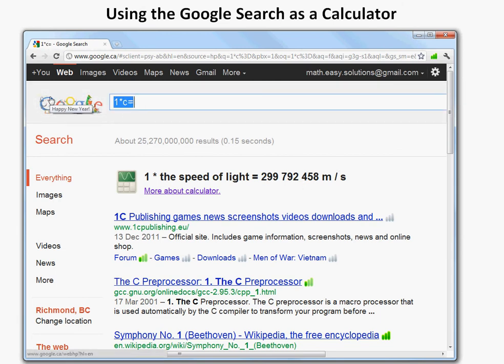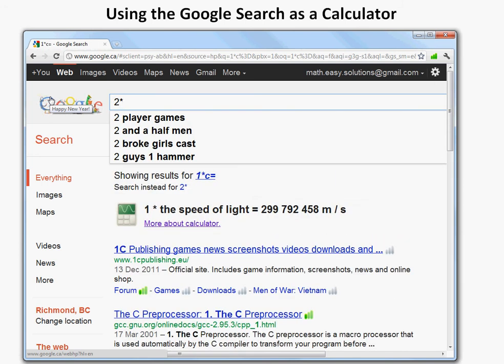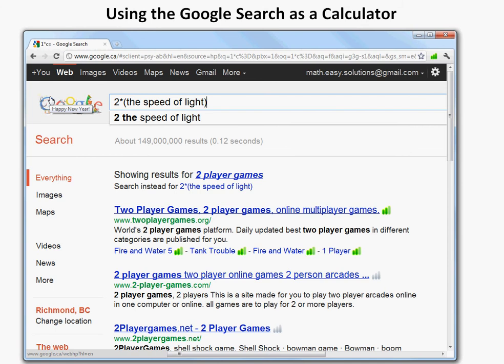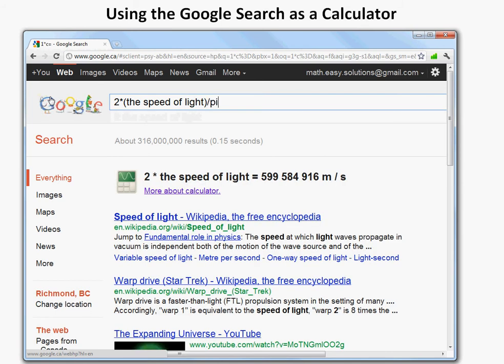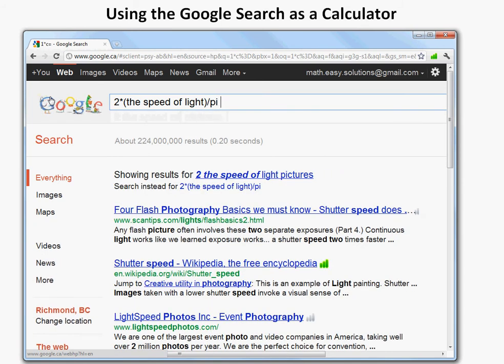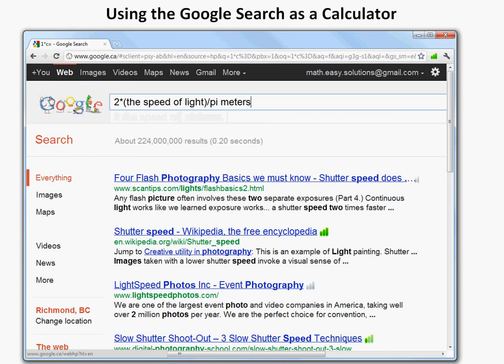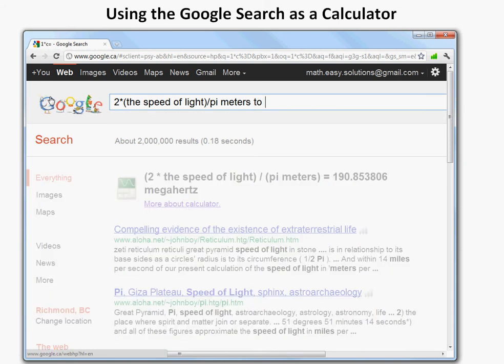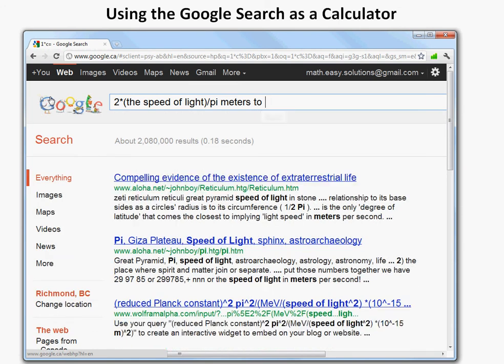What you could even do is just type it as you would say it. Let's go 2 times the speed of light divided by pi meters. Let's go, this is meters to kilometers.